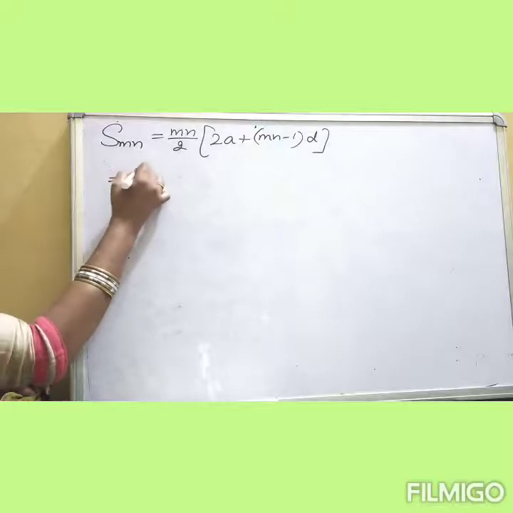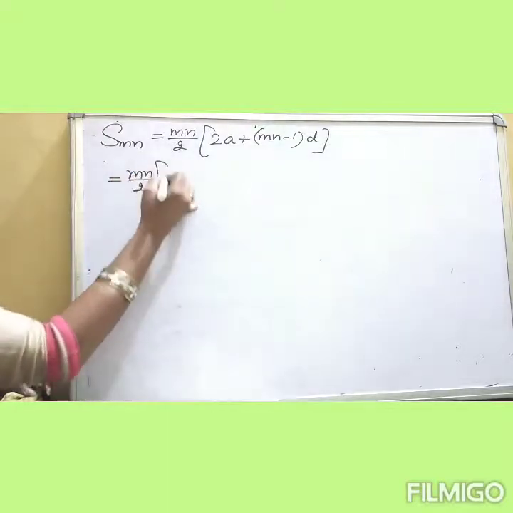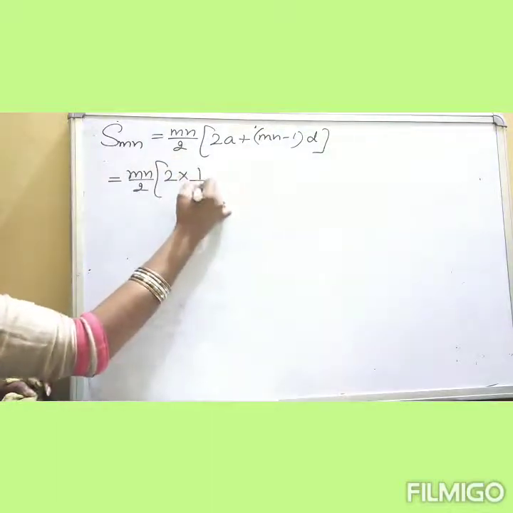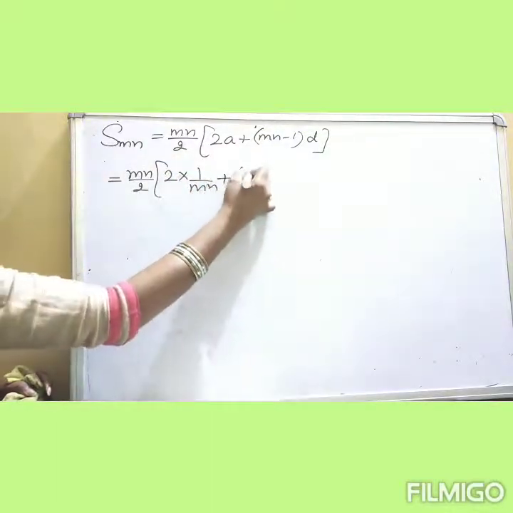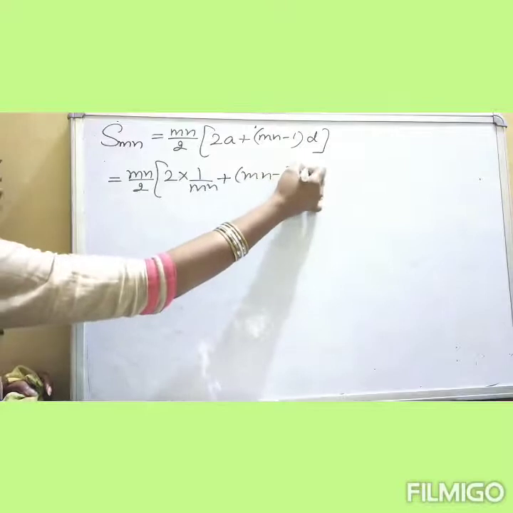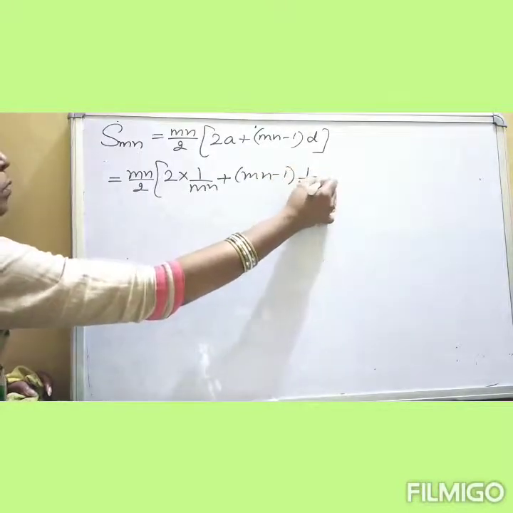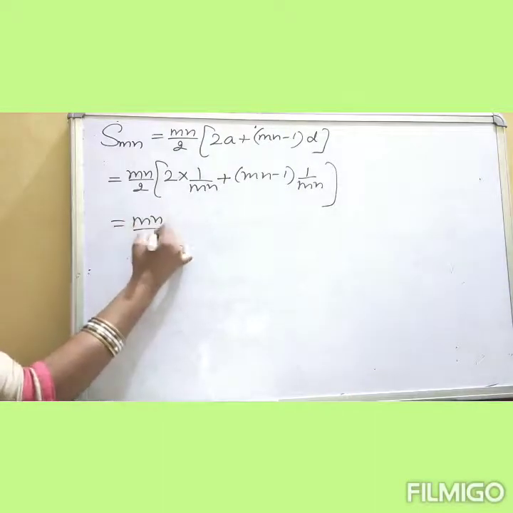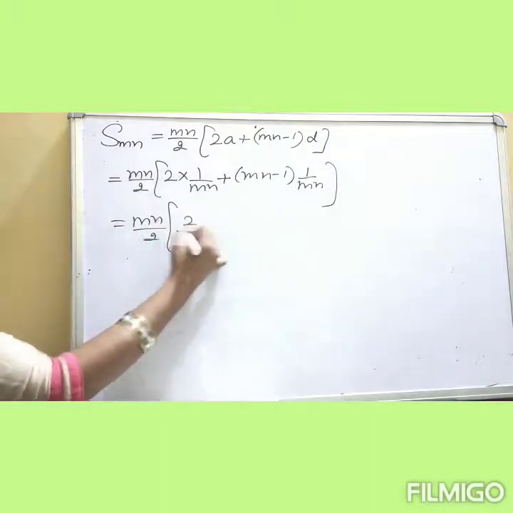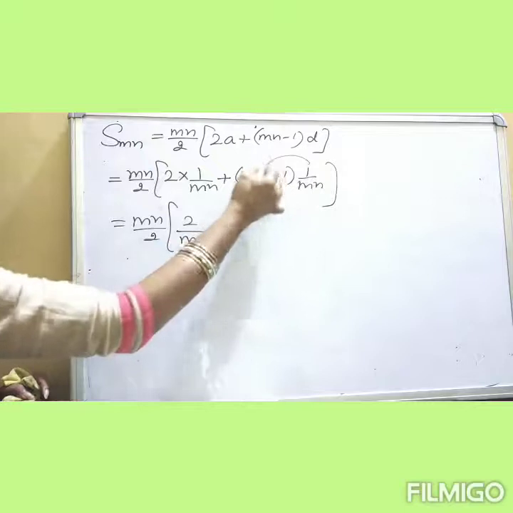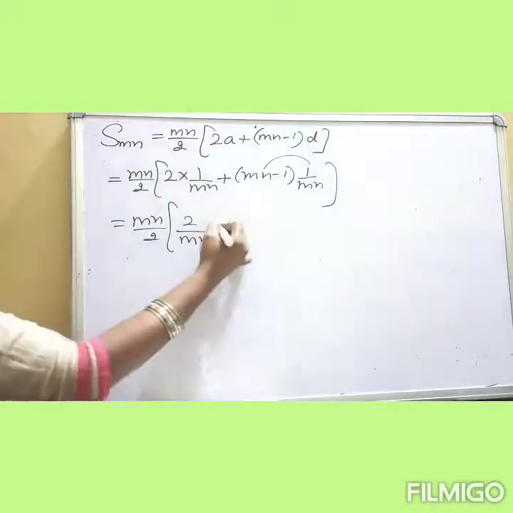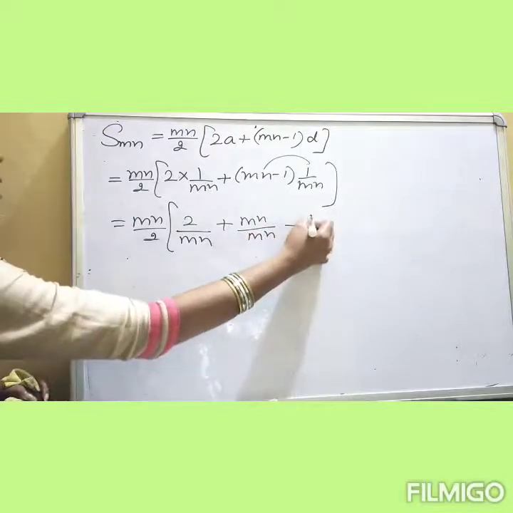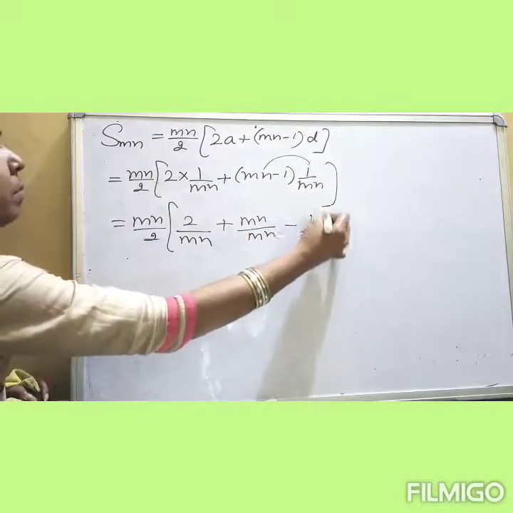This equals mn by 2 into (2 times the value of a, which was 1 by mn, plus (mn minus 1), and the value of d was also 1 by mn). Now mn by 2 times, 2 by mn, multiplying this inside the bracket, I get mn by mn minus 1 by mn.